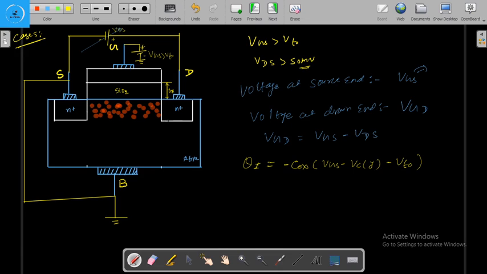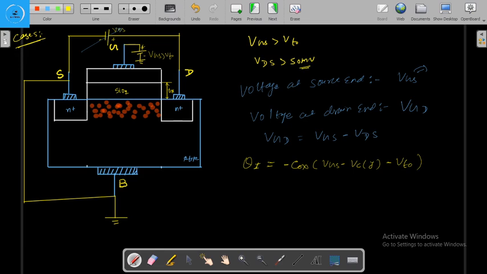Listen carefully. When we are moving from source to the drain end, the gate to channel voltage is decreasing, and along with this, the depth of the channel is also decreasing, because the depth of the channel is proportional to the gate to channel voltage.